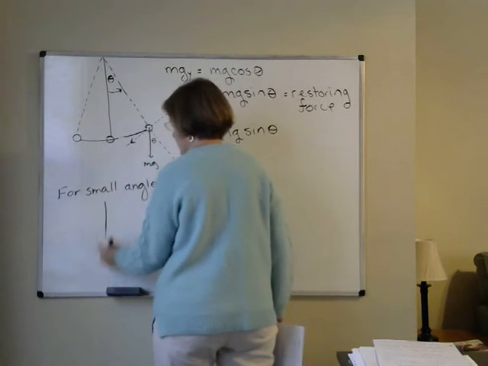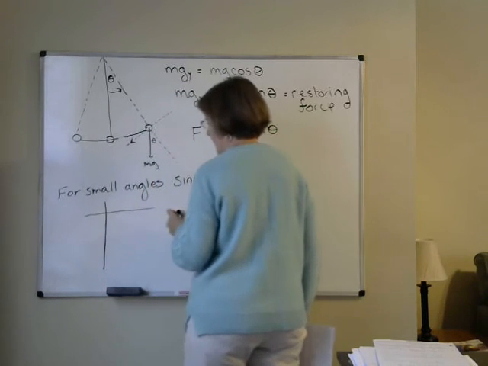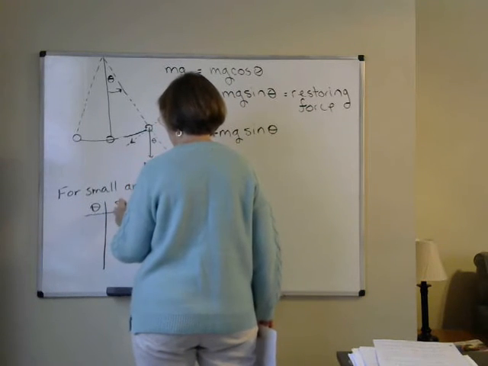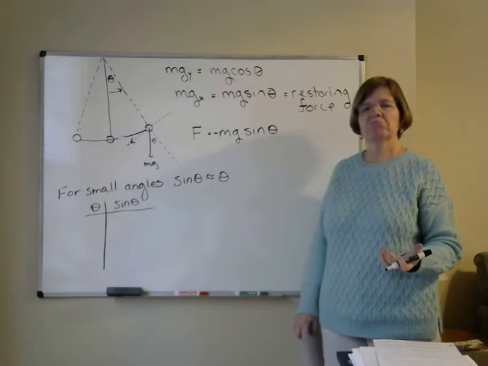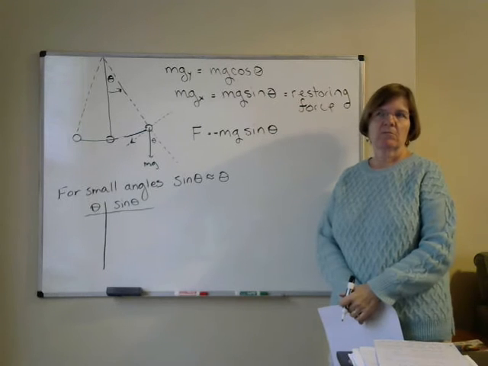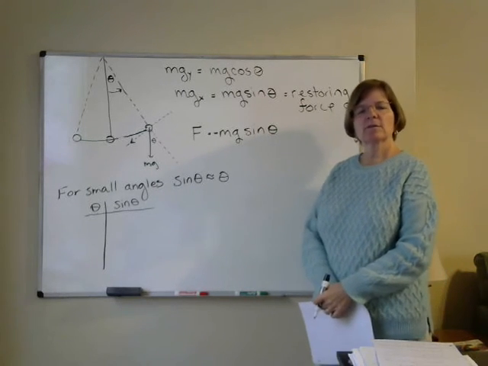That can't possibly be right. Well, let's do some looking. Well, what's a small angle? We've got to be in radians. 10 degrees, that's a small angle.